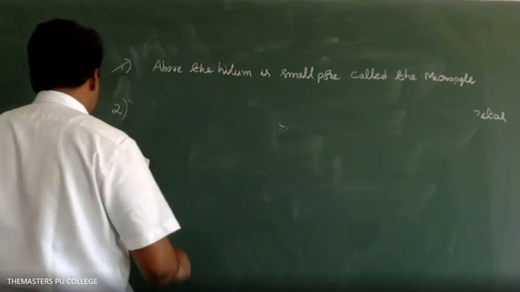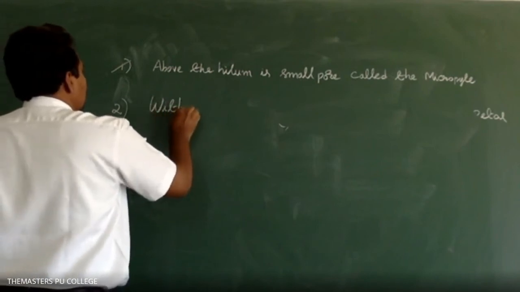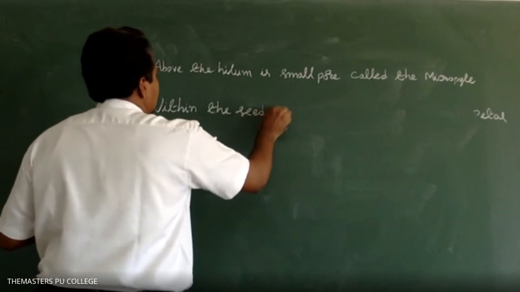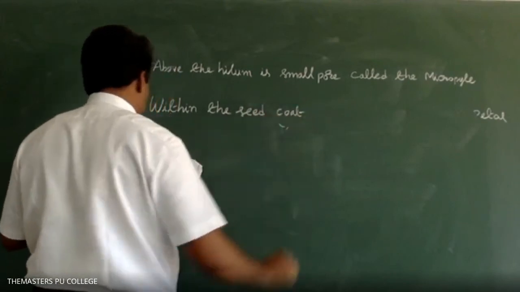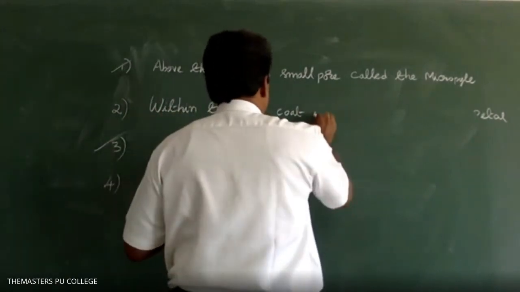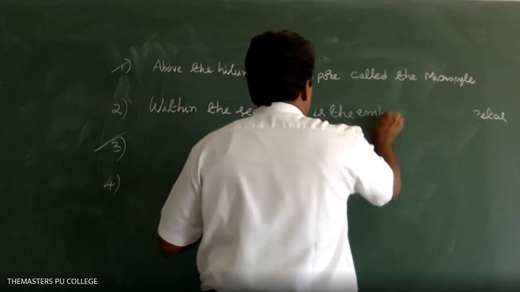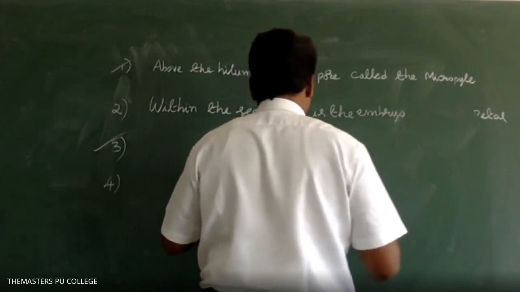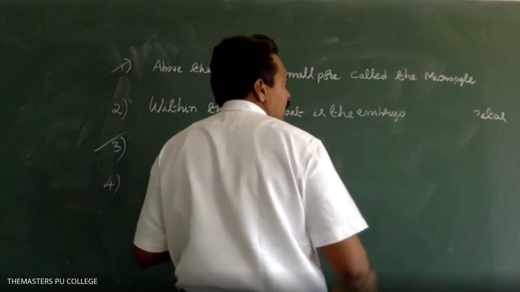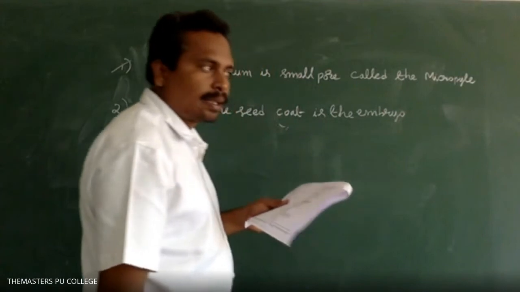Next, the second option: within the seed pore is the embryo, consisting of the embryonal axis and the two cotyledons.